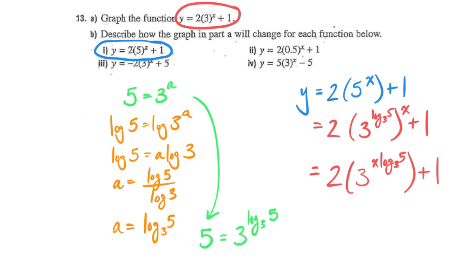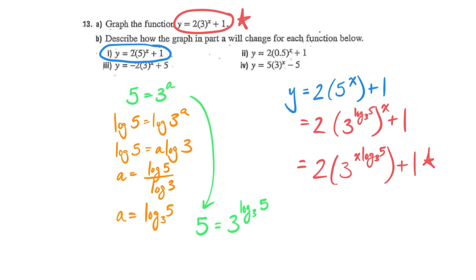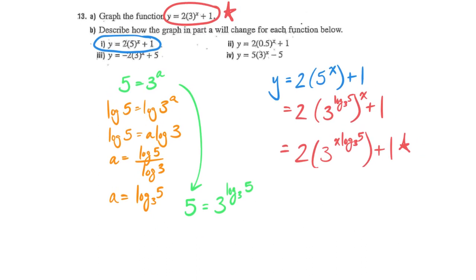Take a look at my red starred function at the very beginning and now at the end. All I have to do is interpret my difference. So what is different about both of those equations? Well, if you take a peek, we have this times by log 5 from base 3 in my exponent.